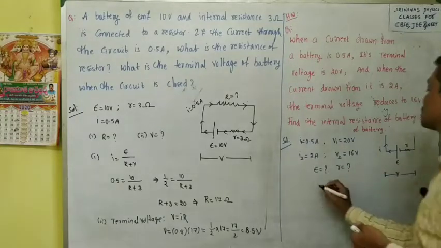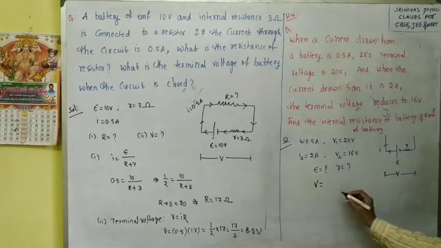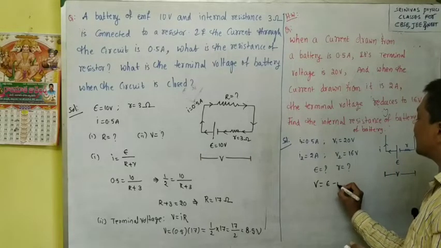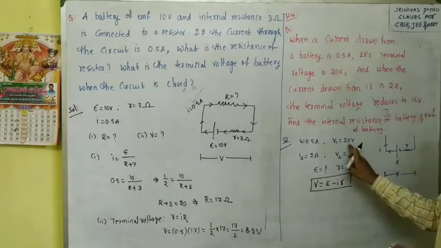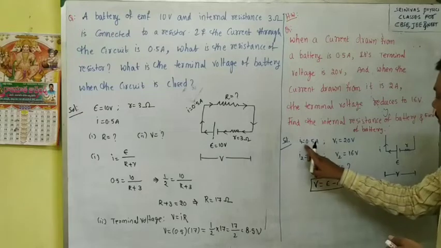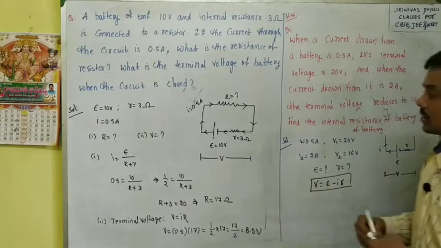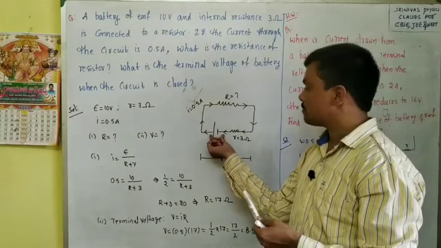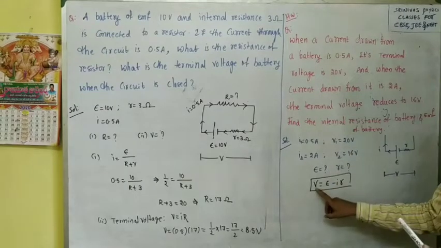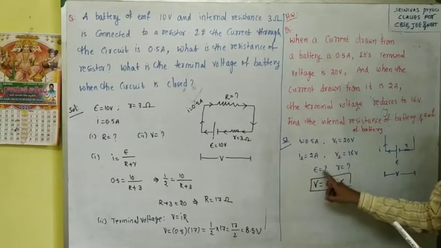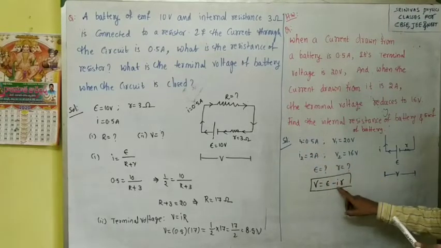For this you have to use the formula. Now the battery is discharging, so at that moment the terminal voltage formula is V equals E minus Ir. First, the terminal voltage is 20, so V is 20, equal to E minus the current 0.5 into small r, and you get one equation.